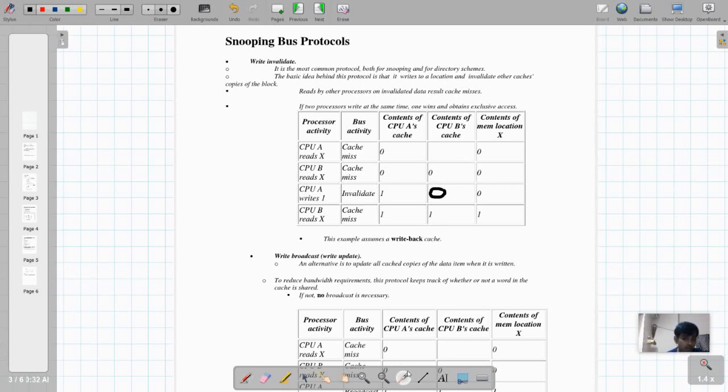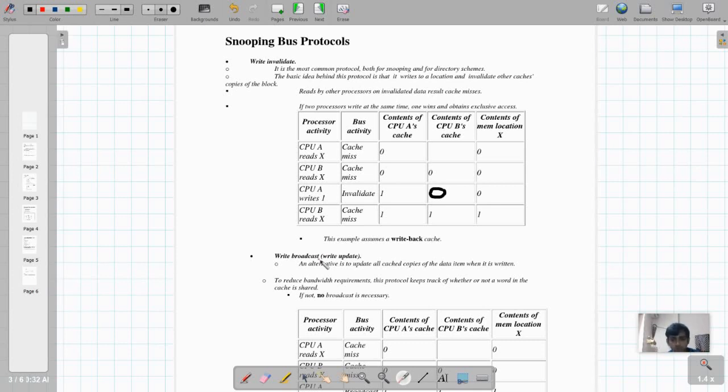Just do one thing. Just send a write invalidate message through your shared bus. Shared bus means the channel through which different processors and different memories communicate with one another.